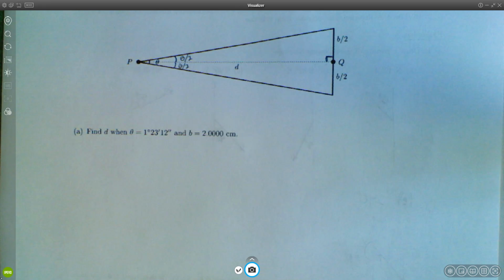So 1 plus 23 over 60 plus 12 over 3600, all divided by 2. Oh yeah, that's not bad.